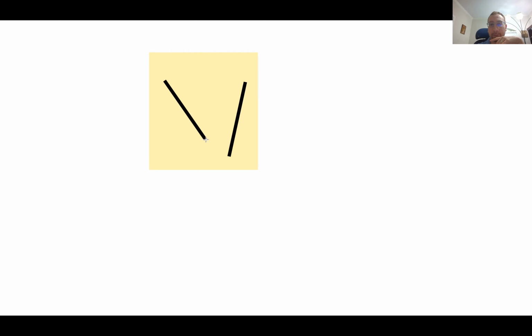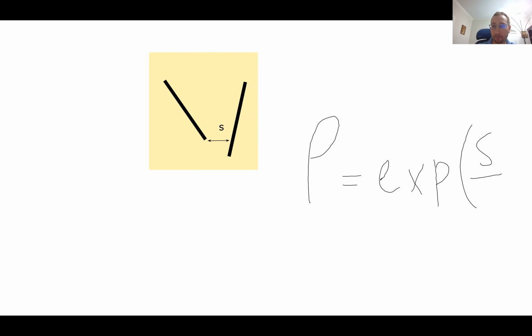If this is the spacing from here to here, I show it with S. From quantum mechanics considerations, which I'm not an expert in, I can show that the resistivity between these two points scales exponentially with S over S_C. S_C is a material property of the polymer, how non-conductive the polymer is.